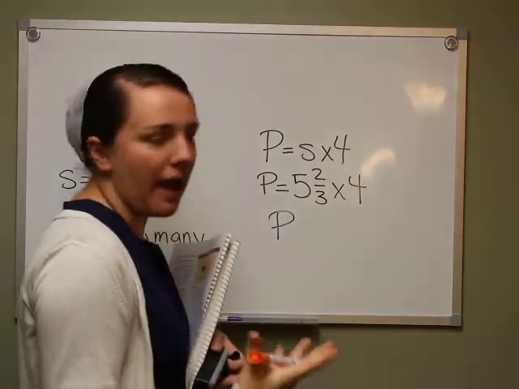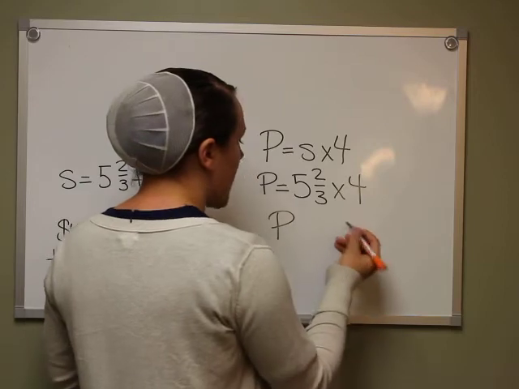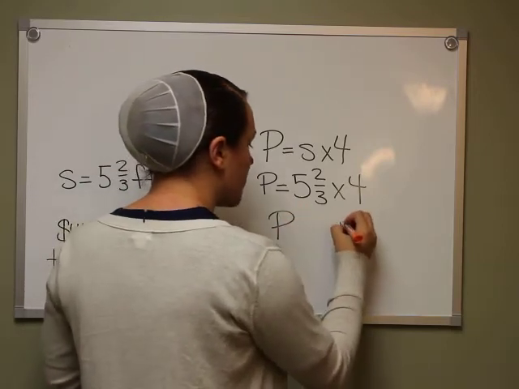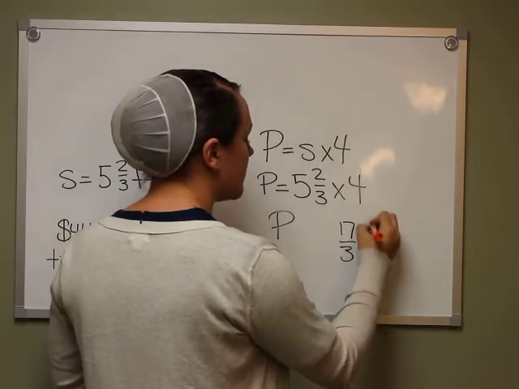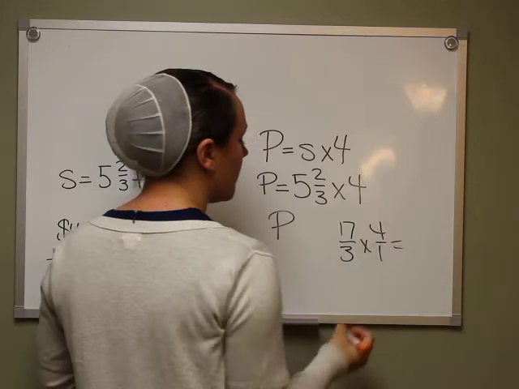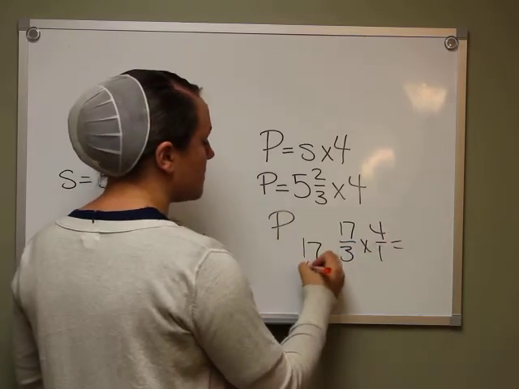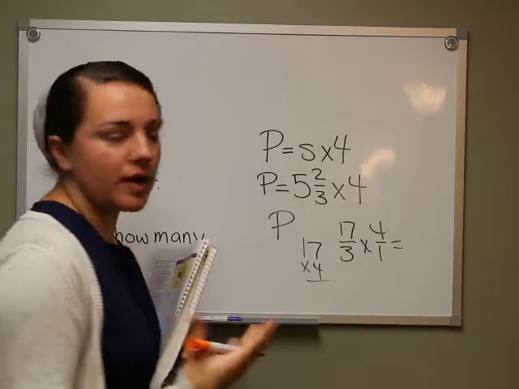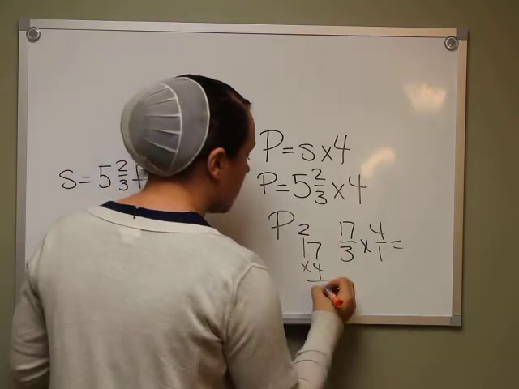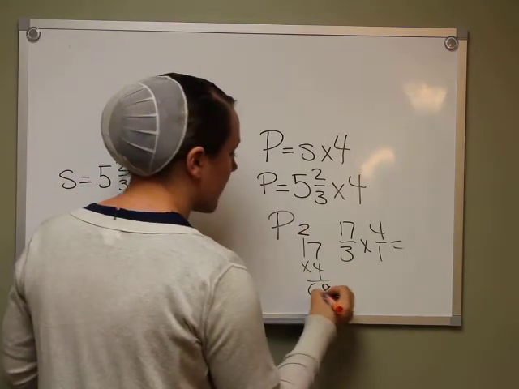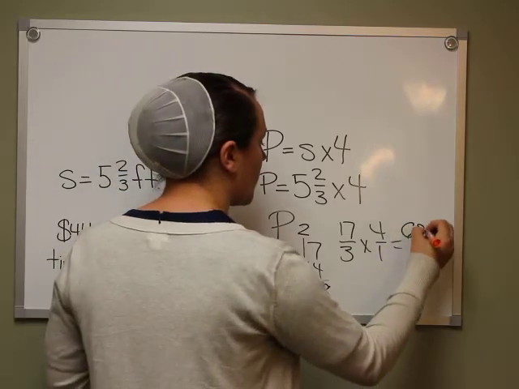Now we need to multiply. 5 2/3 times 4, let's make this an improper fraction. 17 over 3 times 4 over 1. Now we have 17 times 4. 7 times 4 is 28. 4 times 1 plus 2 is 6. So 68 over 3.